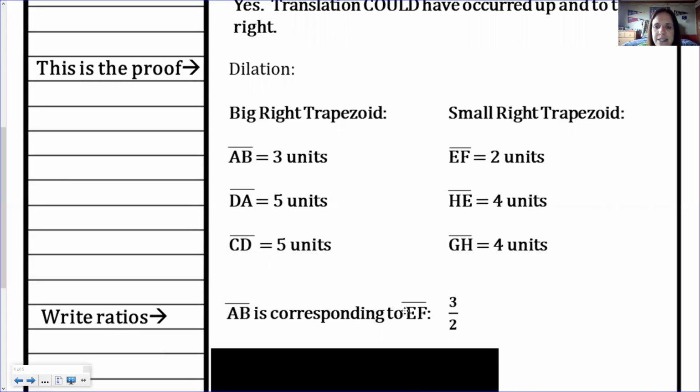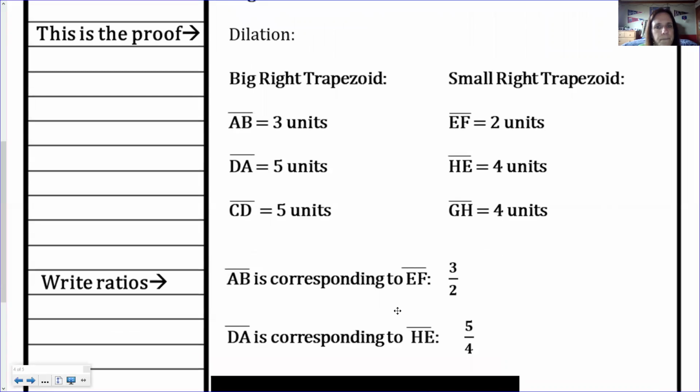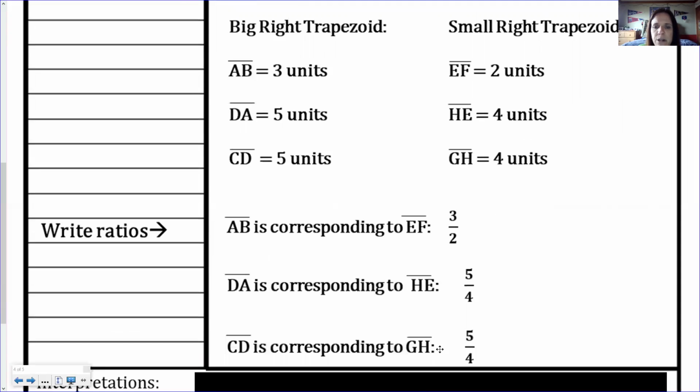AB corresponds to EF. AB is 3, EF is 2. So 3 over 2. Okay. DA and HE, 5 over 4. Not the same ratio. And our last one, CD to GH, is also 5 over 4, but it doesn't all three match.